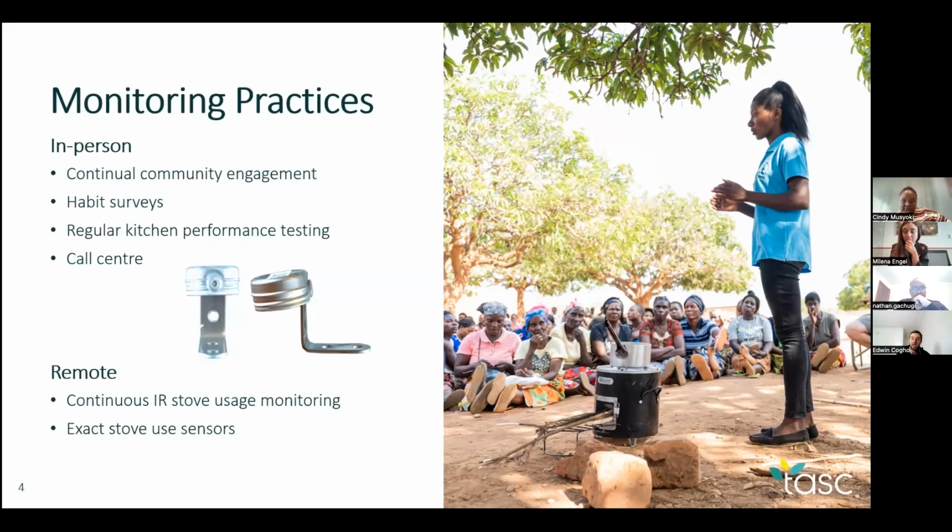So recently we have endeavored to install infrared temperature sensors on a sample set of our stoves in each of our projects. The reason for this is, first of all, we want to compare the results we get from these sensors to what we see in our habit surveys to see if they do correlate with each other or not, and if not, what the reason is.